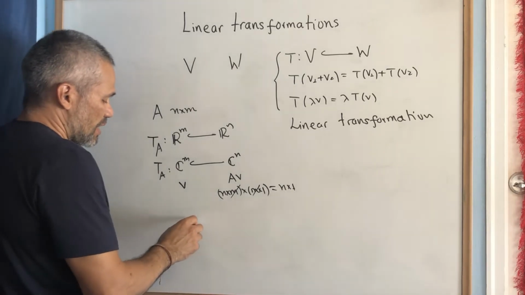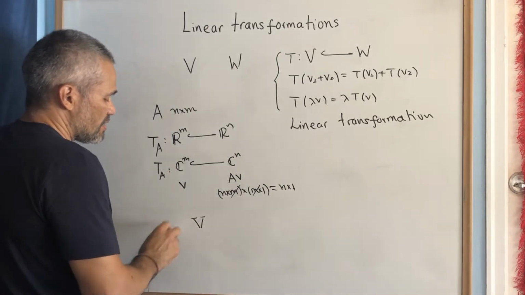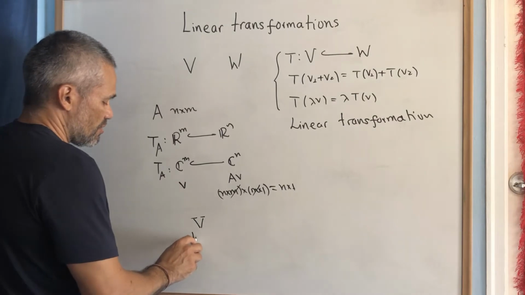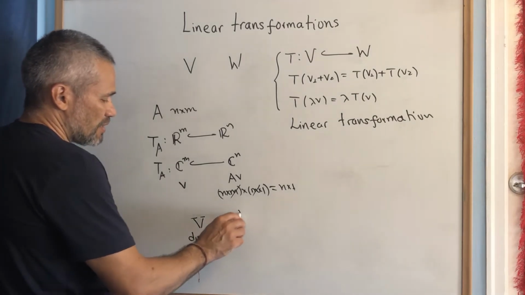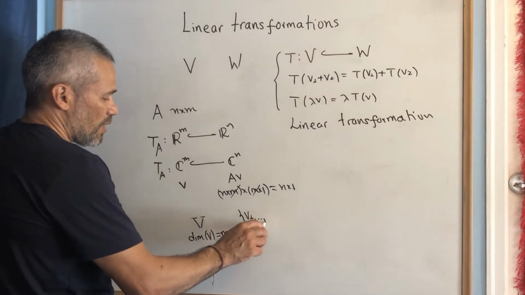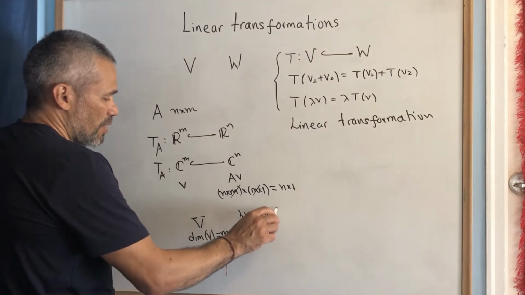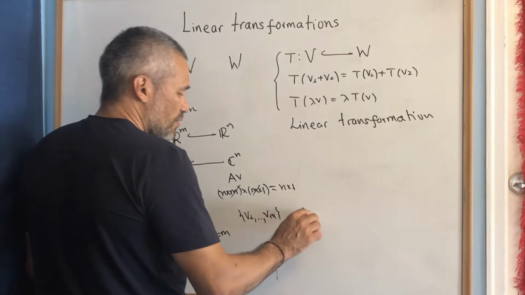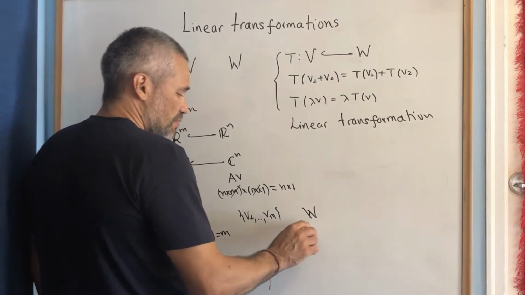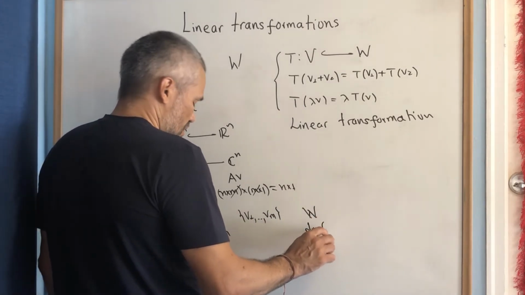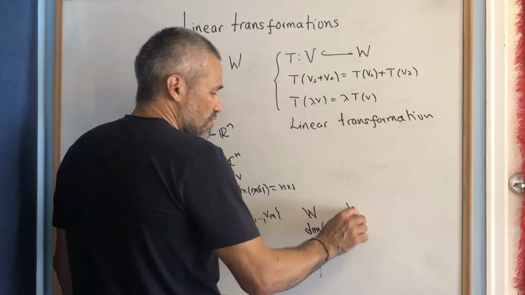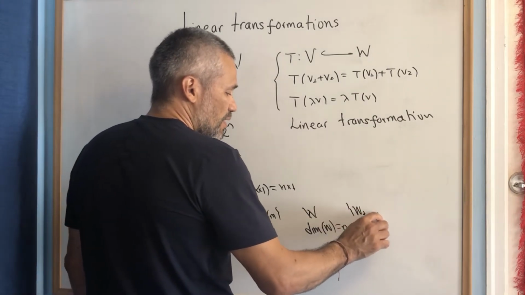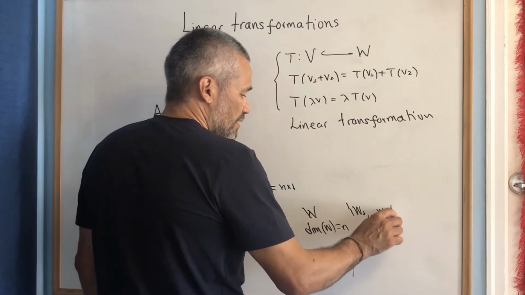Let's suppose that V has dimension m, and let's suppose that here we have a basis b1 through bm, and let's suppose that W has dimension n, and let's suppose that here we have a basis w1 through wn.